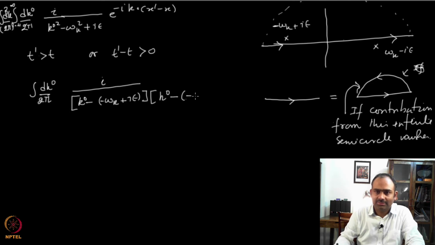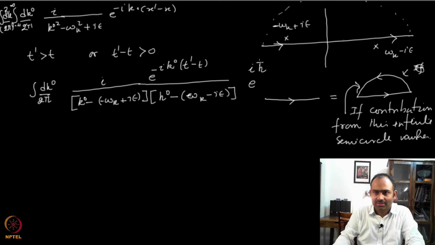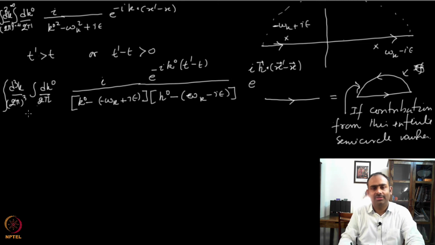So, there is a minus, and then you have a minus omega k minus I epsilon, okay. And then on top of it you have e to the minus I k 0 t prime minus t, and then you have e to the I k dot x prime minus x, and then you have d cube k over 2 pi cube. Okay, so I have written down everything now, looks correct.